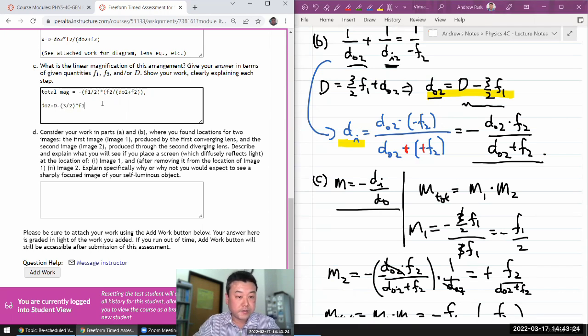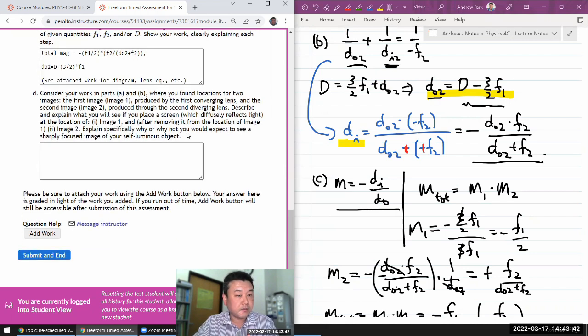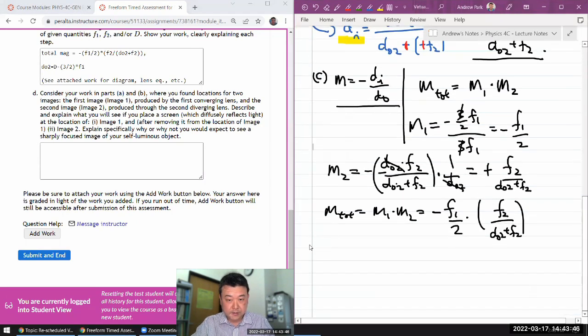So with this, all this is in terms of the given quantities. And all this is doing is saving you some writing work. What I would ask for is please define any variables that you are using that I haven't already spelled out as known quantities. So, all right.